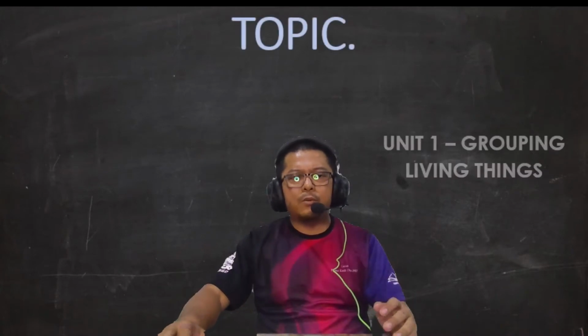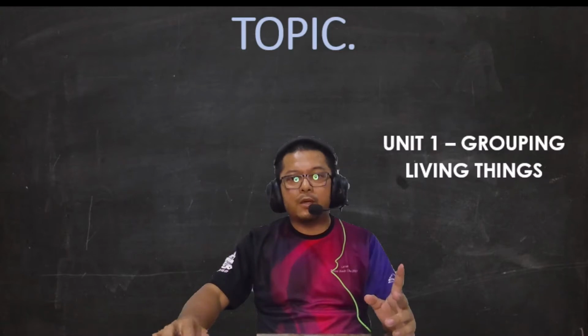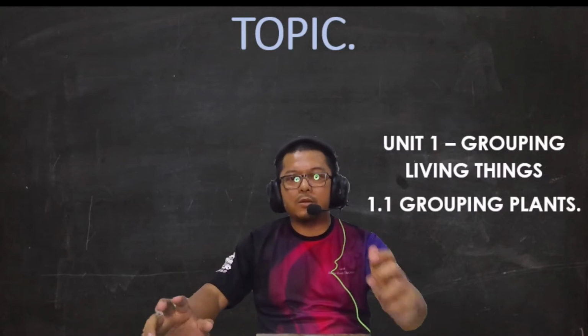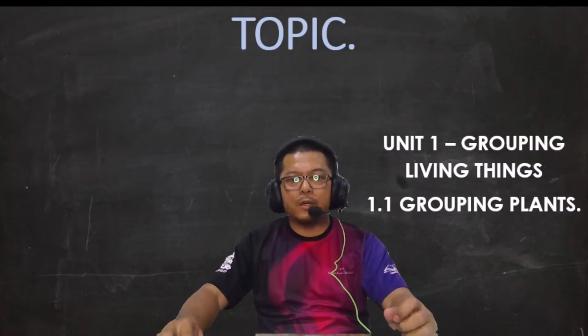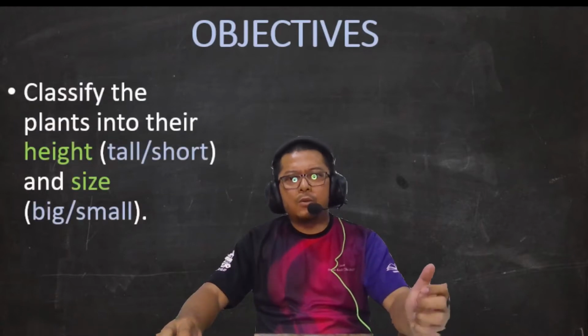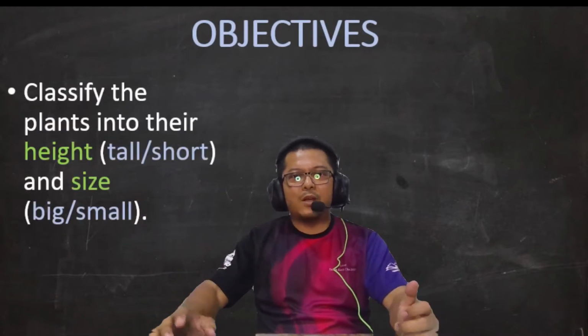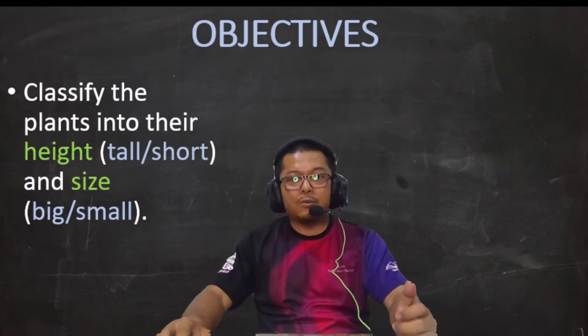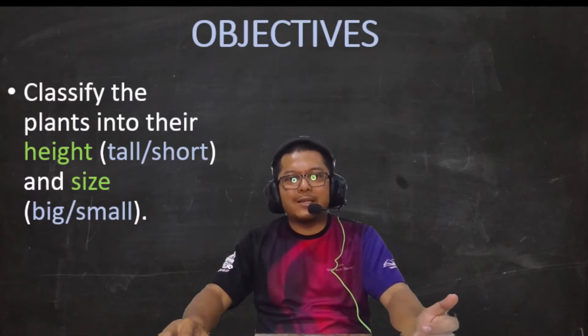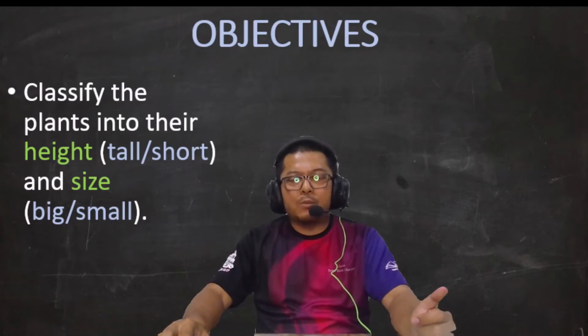Okay, the topic for this week is in Unit 1, Grouping Living Things, which is about grouping plants. Our objective is to classify plants by their height, which is tall or short, and size, big or small.